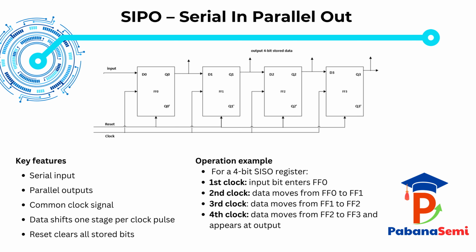In this 4-bit example, the outputs Q0, Q1, Q2, and Q3 together represent the stored data in parallel form. The reset signal clears all flip-flops, and the common clock controls the shifting process. SIPO registers are commonly used in serial to parallel data conversion, in communication and digital interface systems.